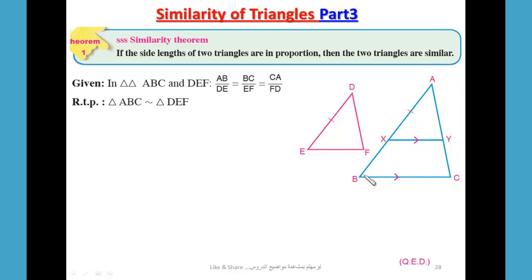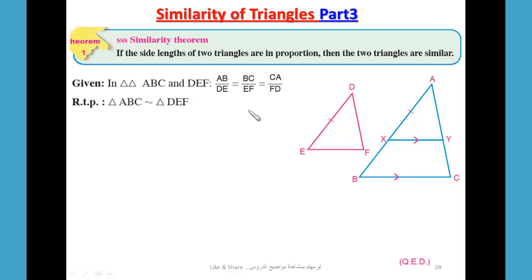AB over DE equals the length of BC over EF equals the length of CA over FD. That is a given.